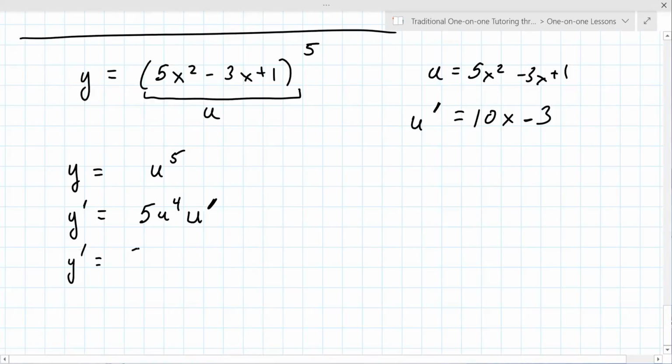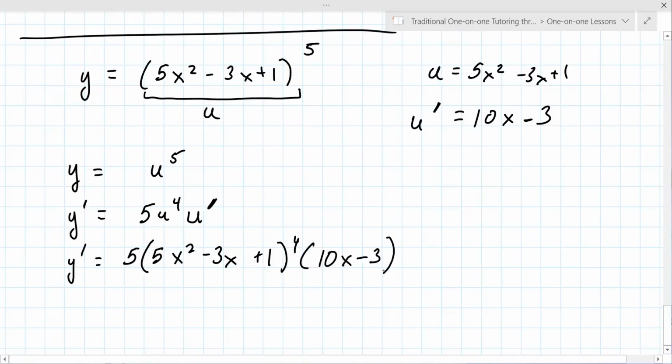Okay. So y prime is 5 times 5x squared minus 3x plus 1 to the power of 4, times u prime, 10x minus 3. See, there's the 5. This is the u. That's your u, and then 10x minus 3 is u prime.